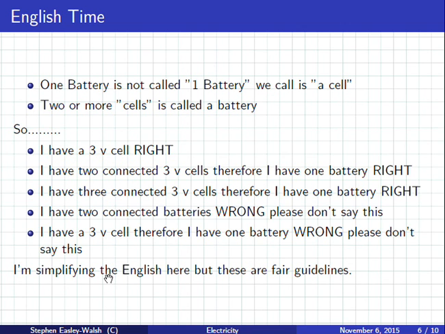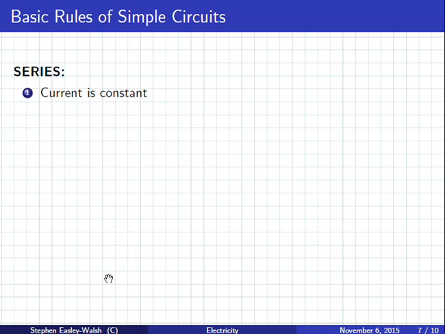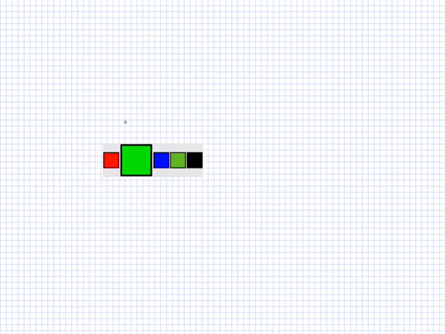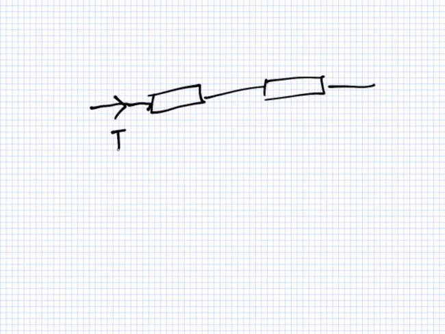Now, just to be clear, I'm simplifying my English rules here. So if an English teacher was watching, I don't think they'd notice. But just to be clear, these are simple rules, but they'll work well for you, okay? One battery is not called one battery. So called what? We call it a cell. Okay, so we don't usually call one power source a battery, we call it a cell.